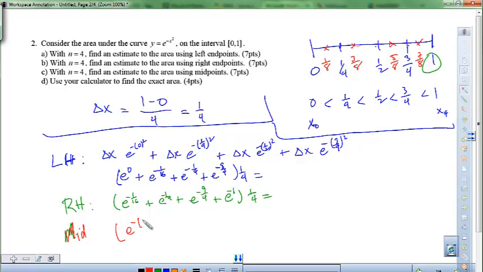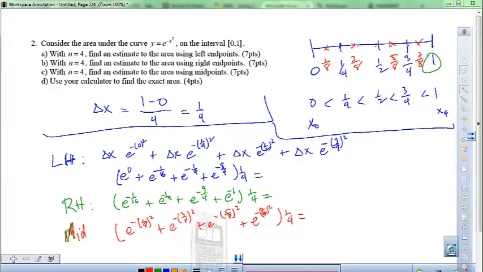So this is e to the negative 1/8 squared plus e to the negative 3/8 squared, and then e to the negative 5/8 squared, and then the last one e to the negative 7/8 squared. So multiply that one by 1/4 and you would be done.